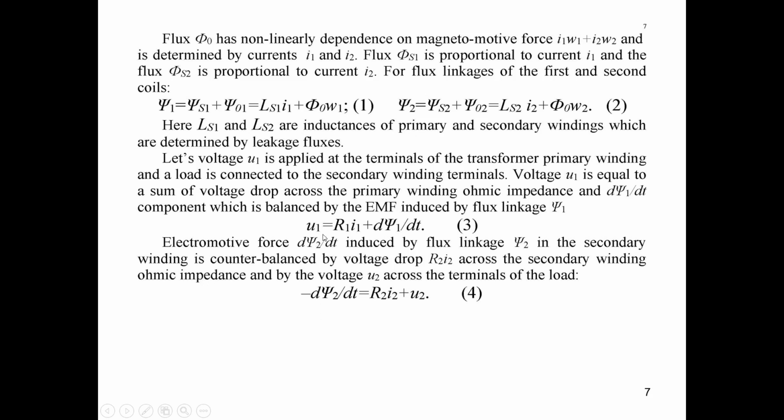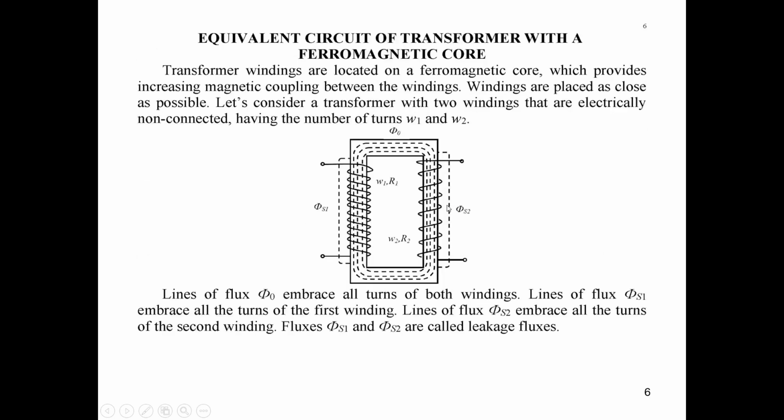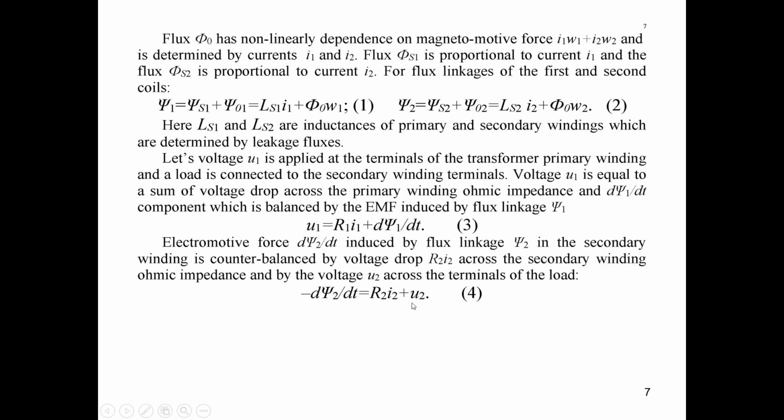So we can write down such an equation for the primary circuit: U1 equals R1 I1 plus dψ1 by dt, and for the secondary winding it will be R2 I2 plus U2, the voltage drop across the resistance which connects these terminals, and plus dψ2 by dt.